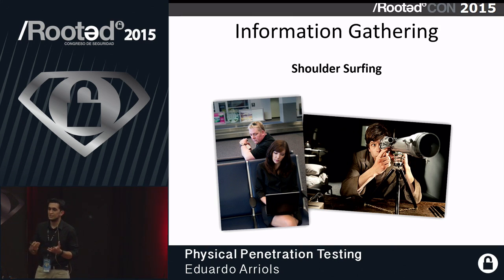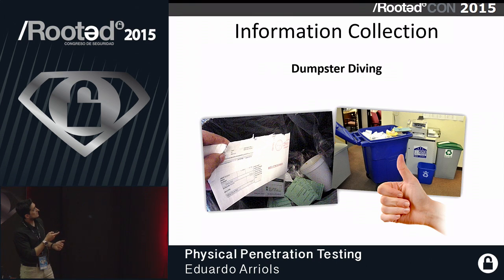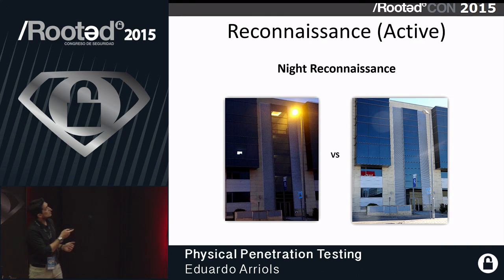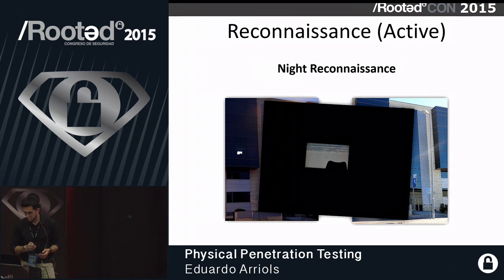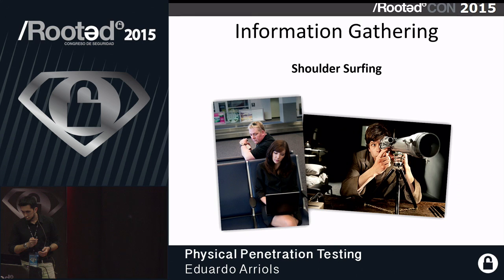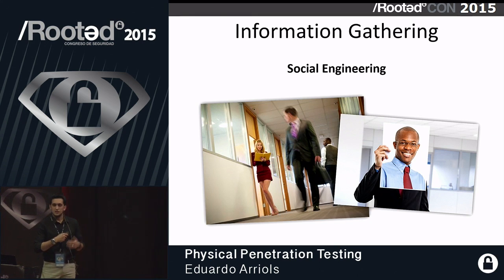This man here looks like he's in a movie, but you could do it. For instance, you can use a telescope or zoom lenses, and you can check on that person from a distance. In this case, imagine that there is someone at work. You just use your binoculars and you could see everything that this person is doing.